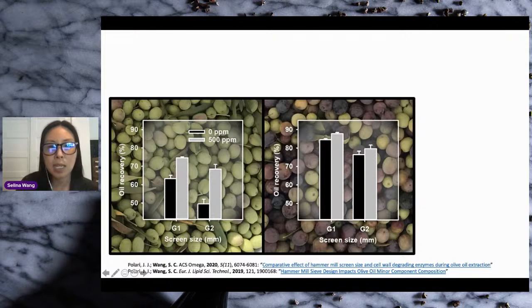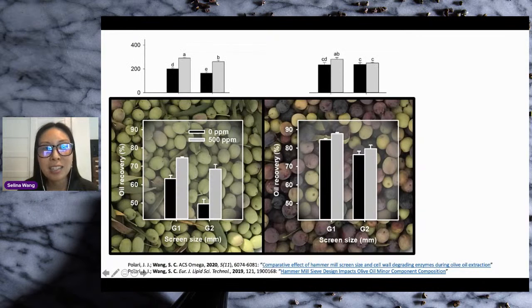So since enzymes are not exactly cheap, a processor probably wants to invest that in more green fruit and use smaller grit size to get the most oil. Now we remember from the earlier slide that we also want to care about the phenolics. And the good news here is that you can actually maximize that at the same time with enzyme and smaller grit size.